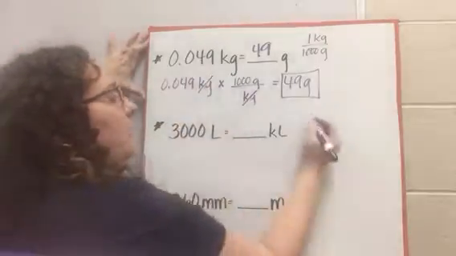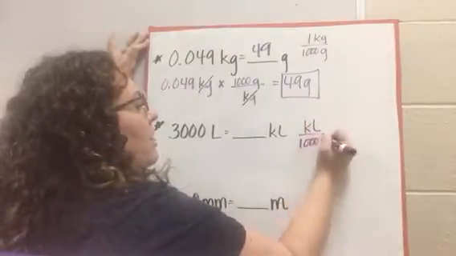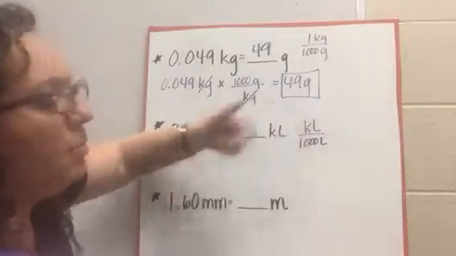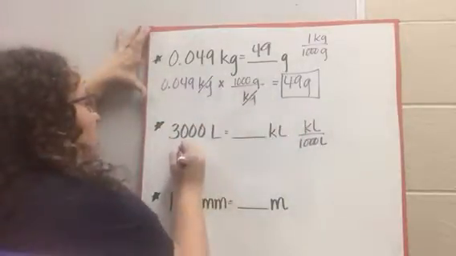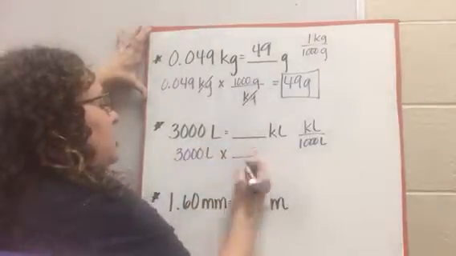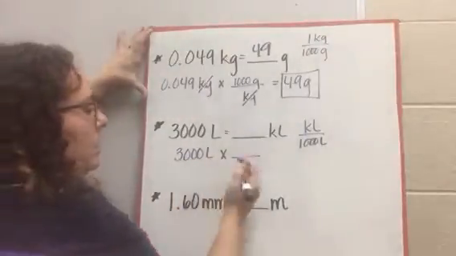So I know that my conversion here, I've got 1 kiloliter over 1,000 liters. And again, if I need kiloliters at the bottom, I'm just going to flip it. So I'm going to start with what I know. I need to use the conversion with my liters in the bottom because I need to get rid of my liters.